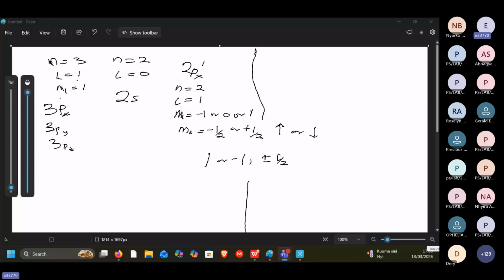That's what we call the Pauli exclusion principle. And the Pauli exclusion principle states that no 2 electrons can be in the same quantum number.